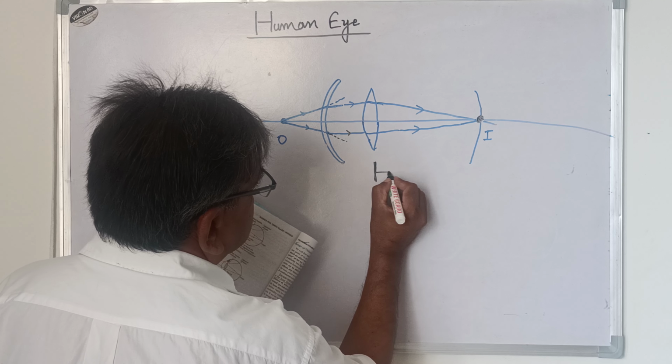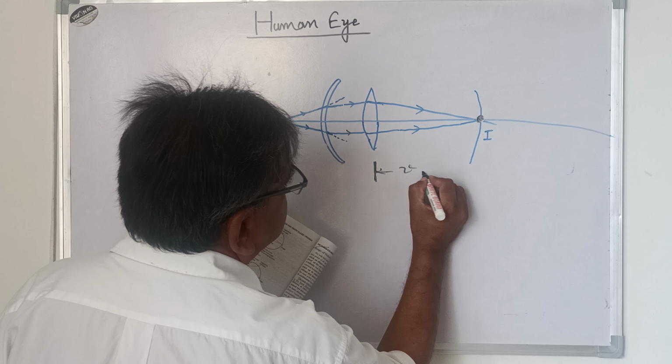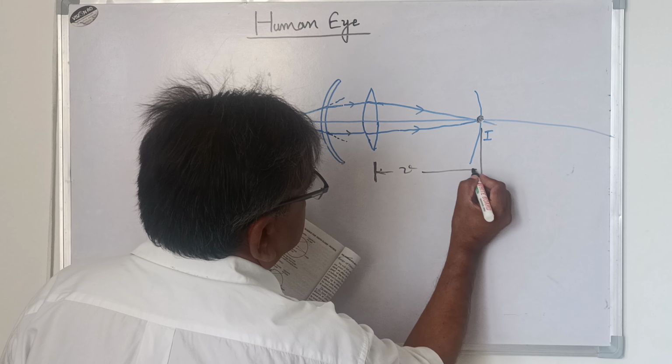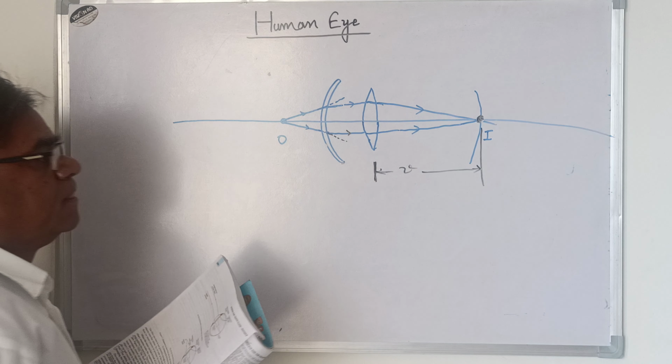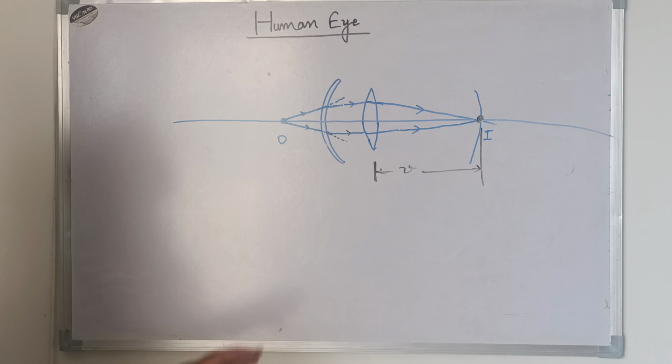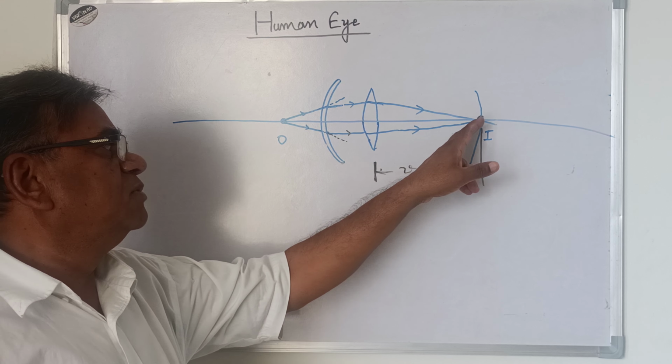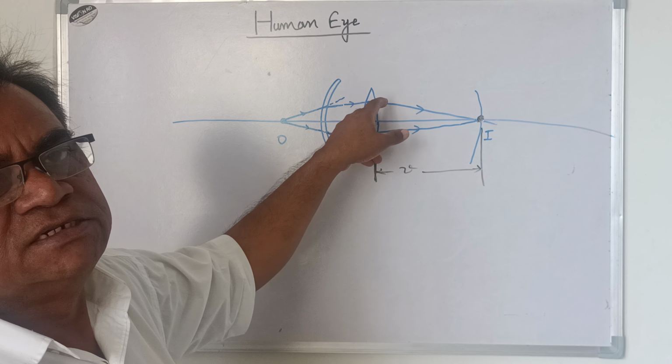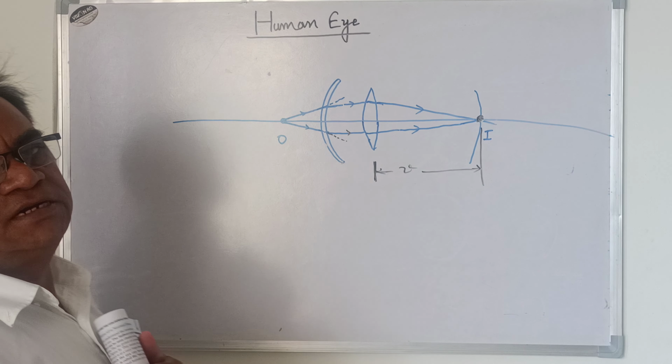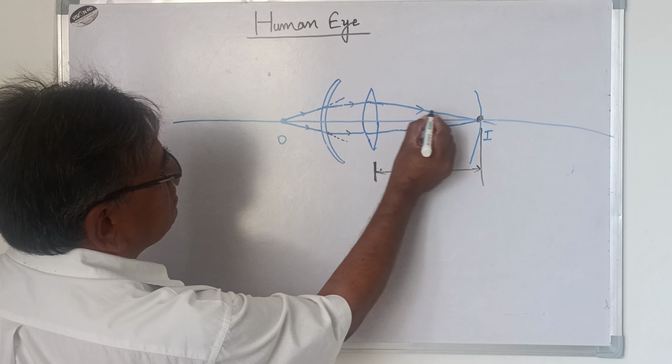Your eye structure is fixed. So in all the cases, the image must form here. So what our eye does, the lens becomes thick, it reduces its focal length so that it can bend the rays.